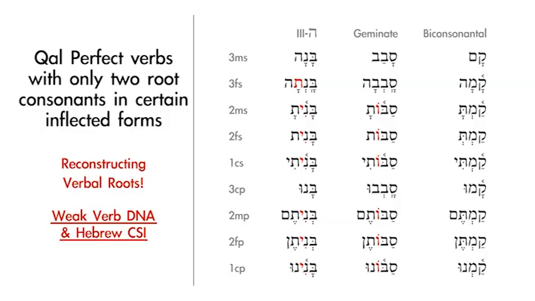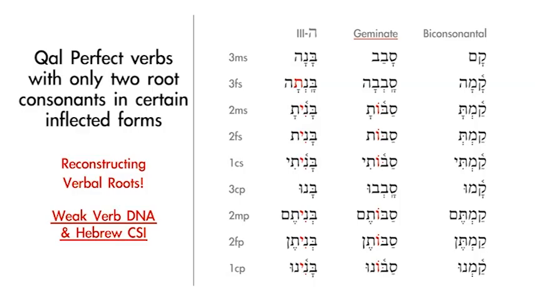So it's really that Hireq Yod stem vowel that's going to help you to identify or properly reconstruct third hey verbs. And if you understand that third hey verbs were originally third yod, that Hireq Yod will remind you of that yod in each instance. With geminate verbs, you'll see that in the second and first person, there's a dagesh forte in the geminate consonant and a Holem Waw connecting vowel. Those 2 features are distinguishing the geminate verb category from both third hey or biconsonantal.